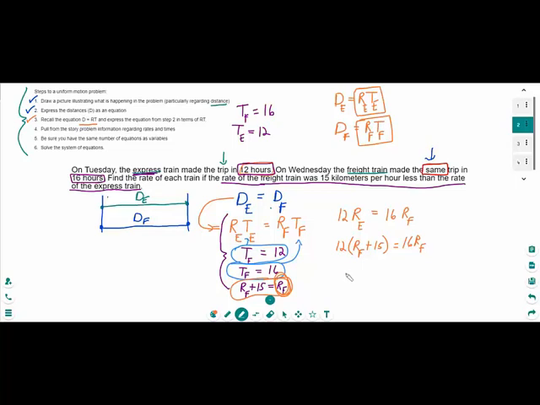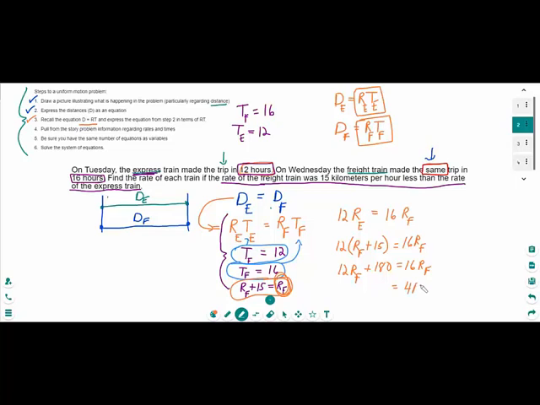And now we can multiply this out. We're going to end up with 12r sub f. 12 times 15, might have to do this off on the side. 12 times 15 is going to be 180. So we have 180 is equal to 16r sub f. We can move the 12r sub f over to the other side.